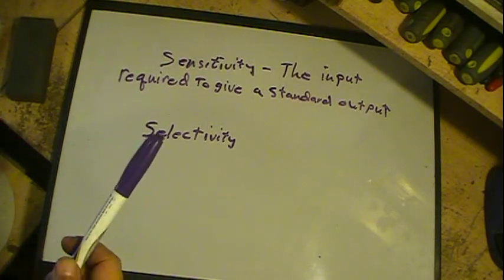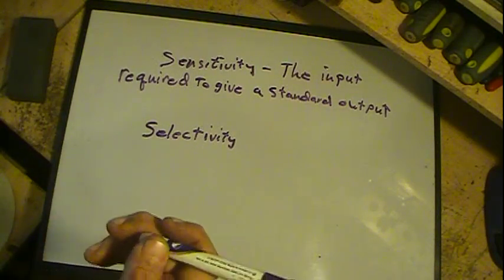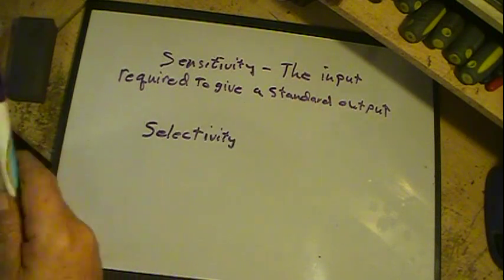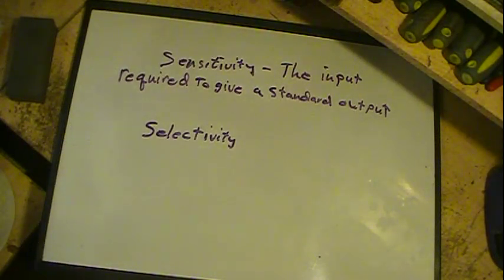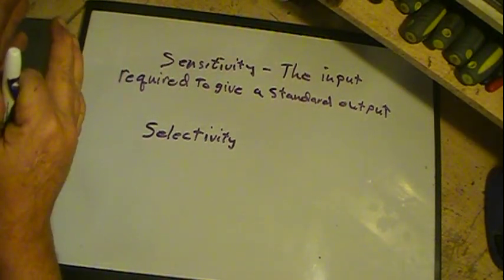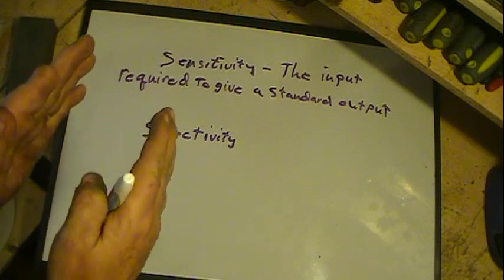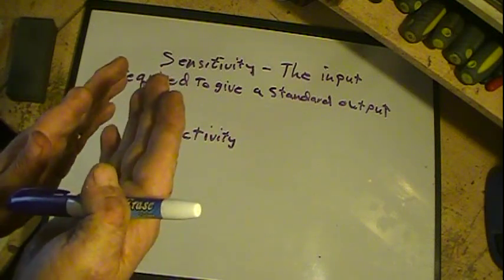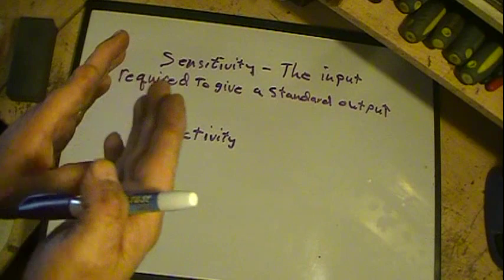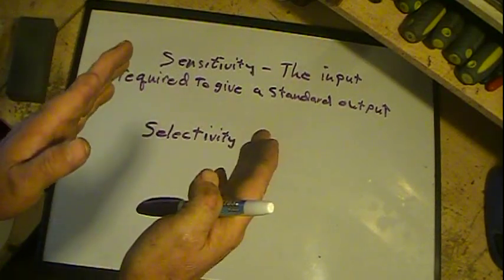A radio with good selectivity will pick up 1010 without picking anything up on 1020. It won't have any unwanted modulation from 1020 interfering with it or ghosting in on it. And that's what selectivity is. It's how selective the radio is when you set that dial. It's a measure of looking at the adjacent channels, especially when they're stronger. In fact, that's how you measure it. You're looking at a stronger signal than the one that you want, and how well that radio can attenuate that station or completely not allow it through.